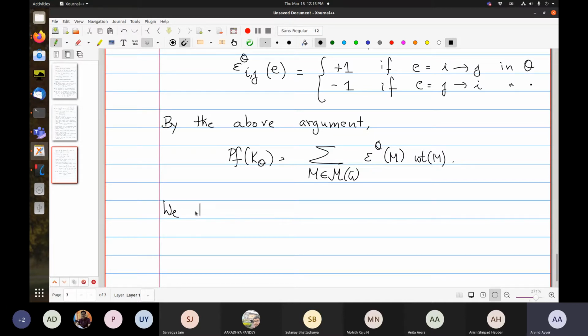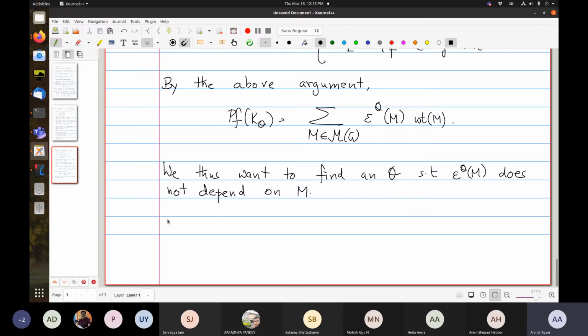So our problem is reduced to finding an O such that epsilon O of M is the same for all M. Whether it is plus or minus doesn't matter. If it's minus, that's a minor headache. But as long as they all have the same sign, we are good.